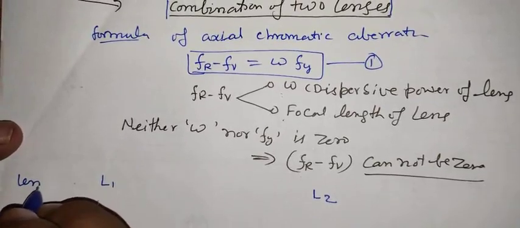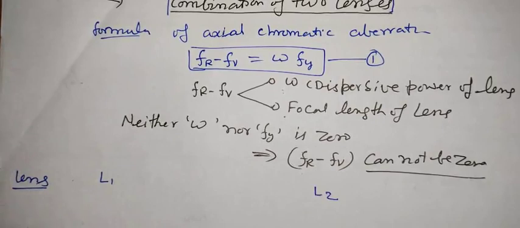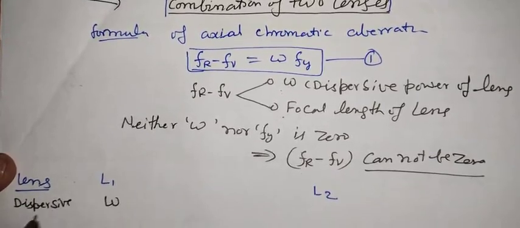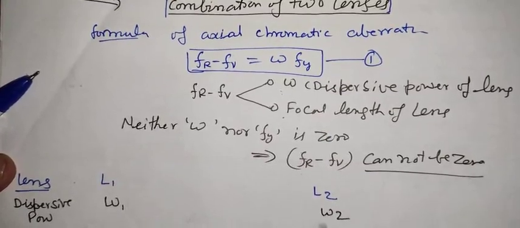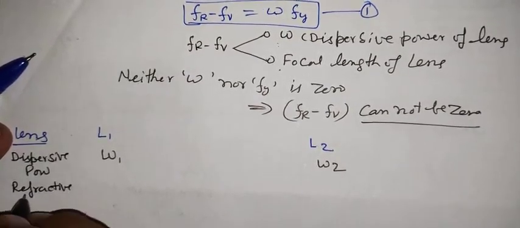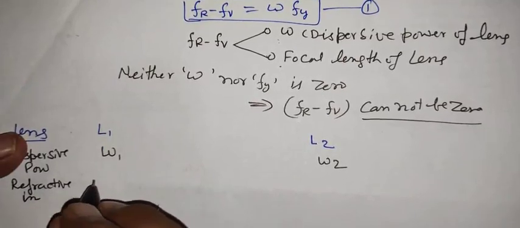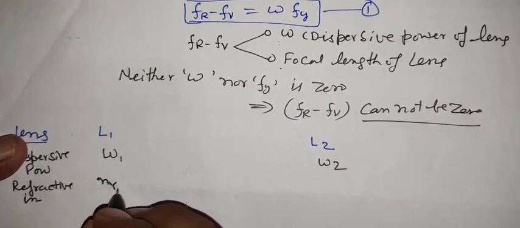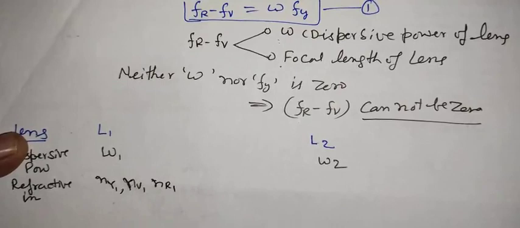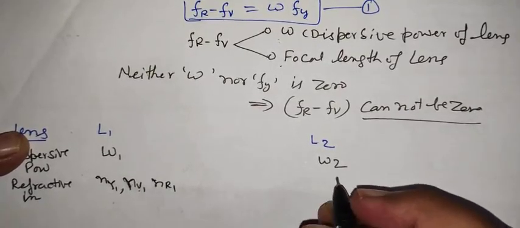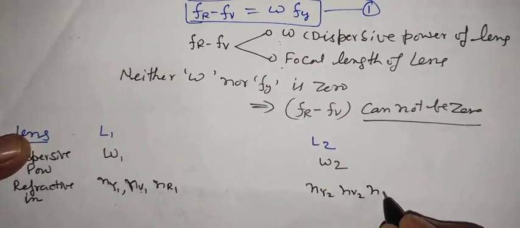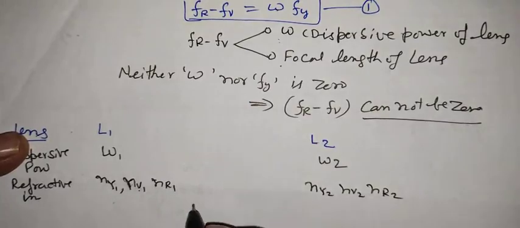Their dispersive powers are omega 1 and omega 2, and the refractive indices for their colors, for the mean color ny1, and nv1, nr1 for yellow, violet and red color, and for the second lens ny2, nv2, nr2.